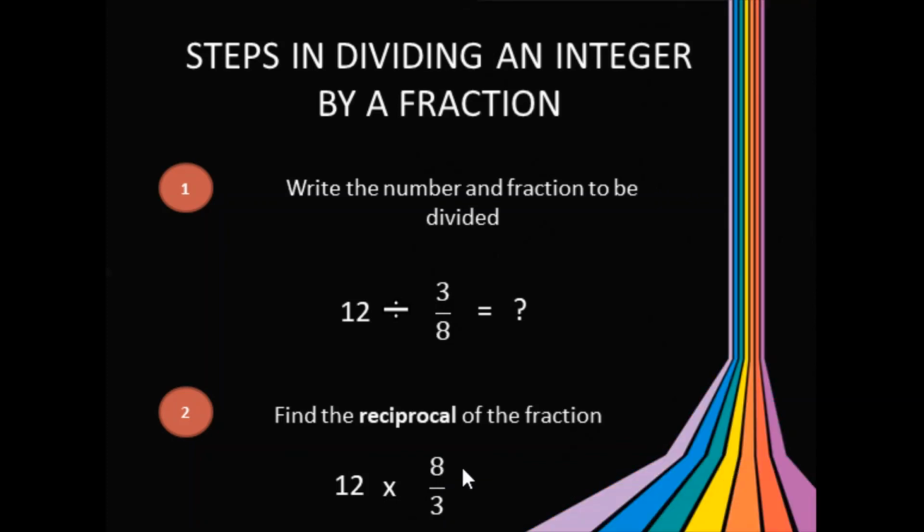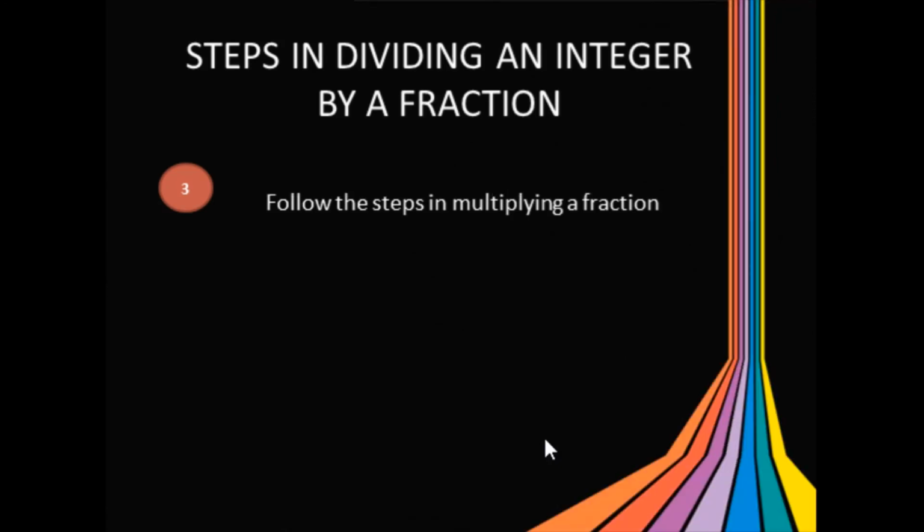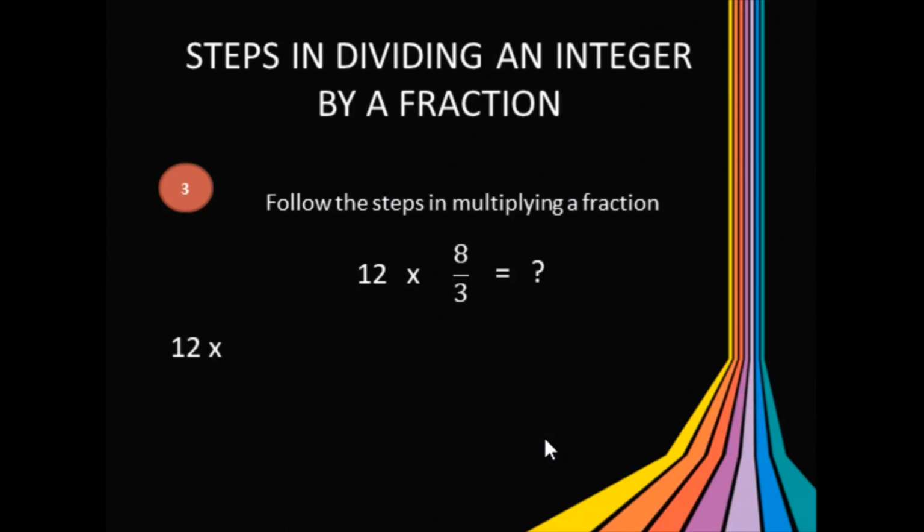Then we can now solve for step 3. 12 times 8 over 3 equals 12 times 8.